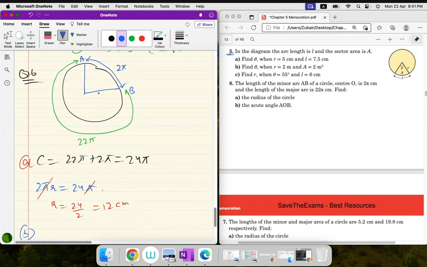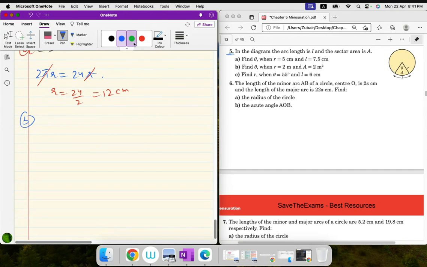So 6b says acute angle AOB. We already know the radius, which is 12 centimeters, and we can find this angle. We have the arc length, we have the radius, so we are going for the formula arc length equals angle by 360 times 2 pi r, where arc length is 2 pi, angle is unknown by 360 into 2 pi, and radius is 12.